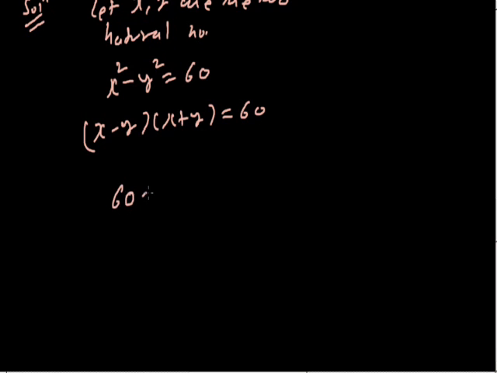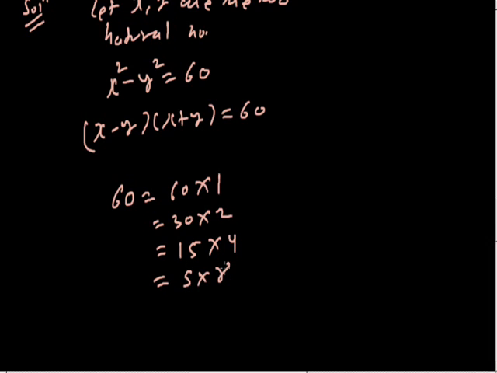So 60 can be written as 60 into 1, 30 into 2, 15 into 4, or 5 into 12. These are the possible pairs for which the product becomes 60.